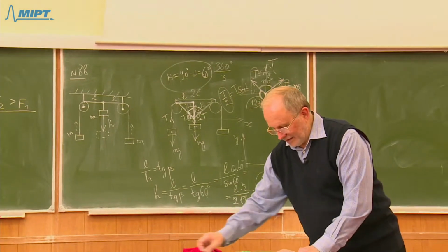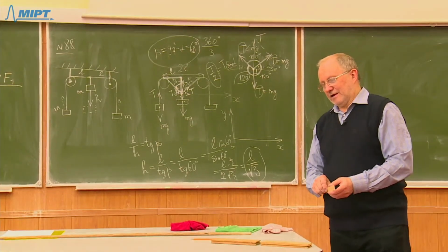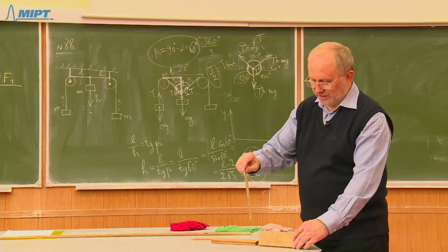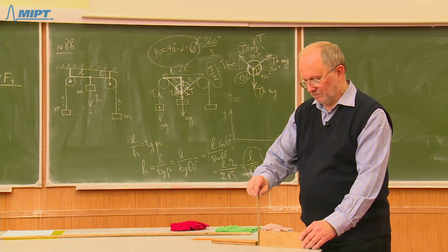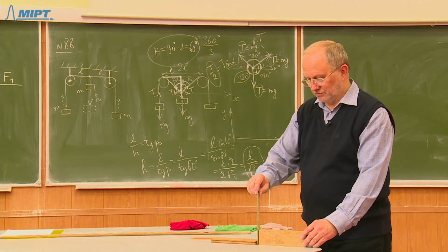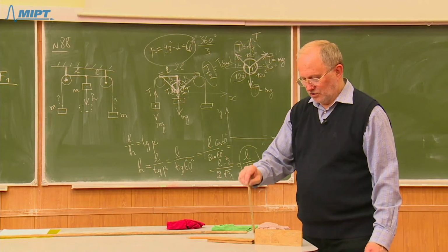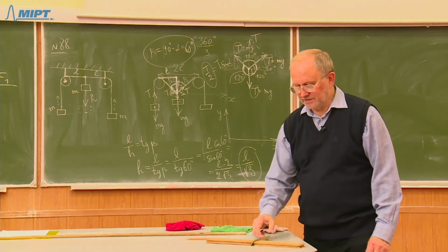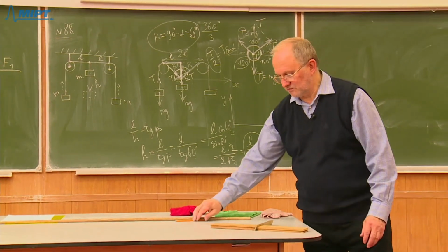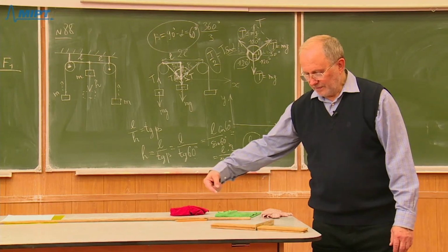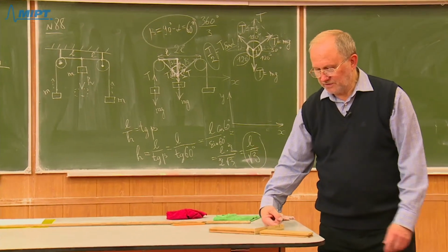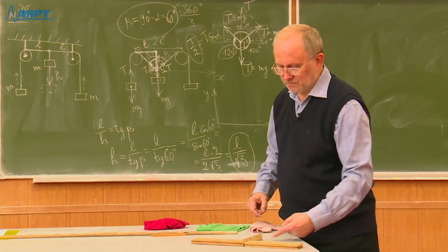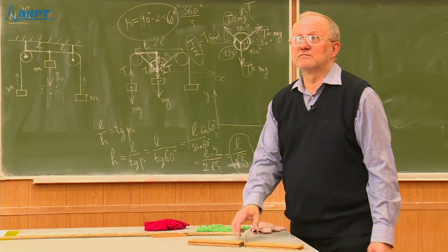Also, I can choose a different orientation of the rod. Originally, I showed you this experiment when the ruler was vertical, but I can keep it horizontal, and the same will hold. The same result will be obtained. If I exert the force in this direction, then this block moves. If I exert the force in a different direction, then this one moves.